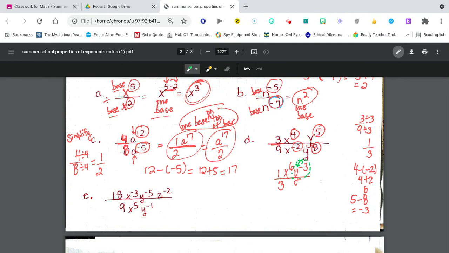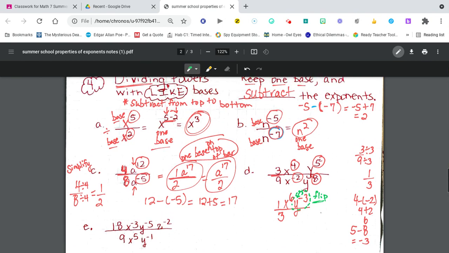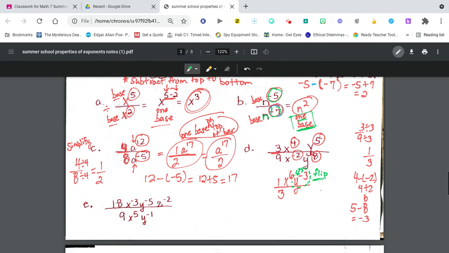Although you achieved getting one base y and one base x, and you simplified 3/9 to 1/3, you got a negative exponent on y. So this is the one you're going to have to flip. Remember, you don't flip them until the very end. I don't want you going back and thinking, well, I should have flipped this one and that one. You only flip it once you end up with just one base.